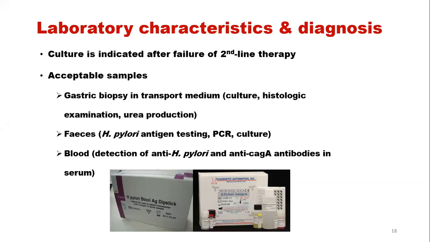We can perform antigen testing, nucleic acid amplification assays such as PCR, or we can perform culture. You can send in blood. Here we screen for the anti-H. pylori and anti-CagA antibodies in the serum. Remember, I told you that the CagA is antigenic.